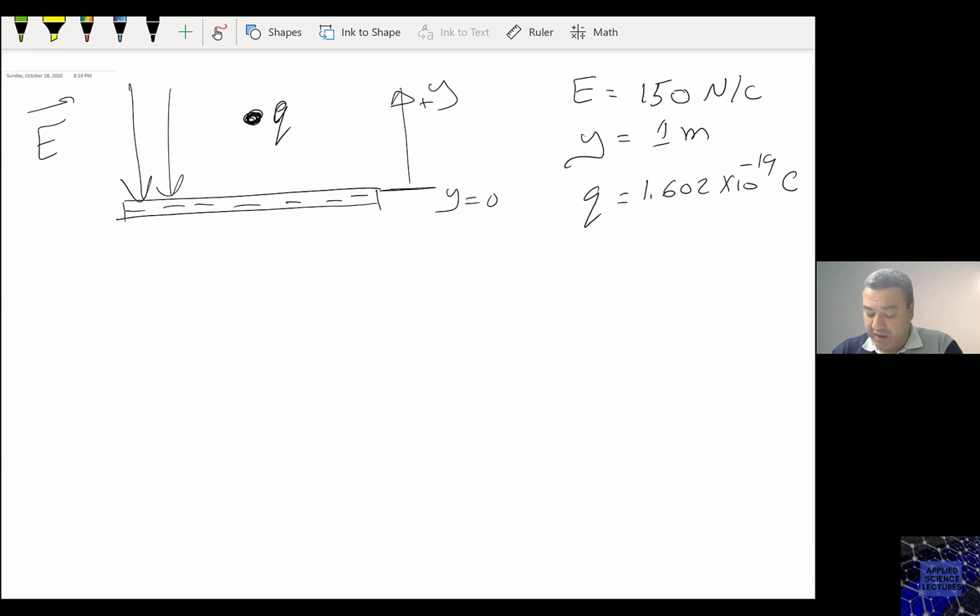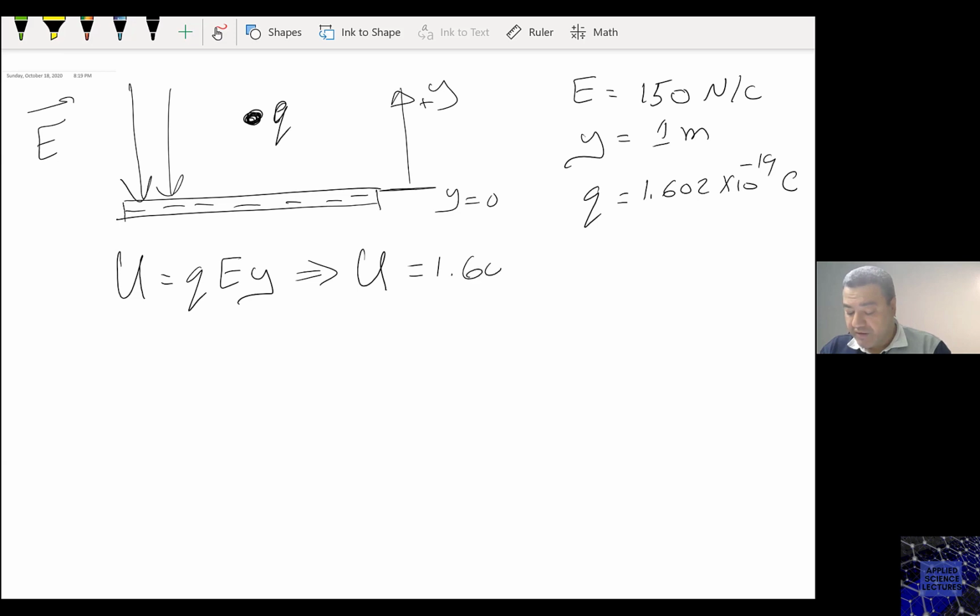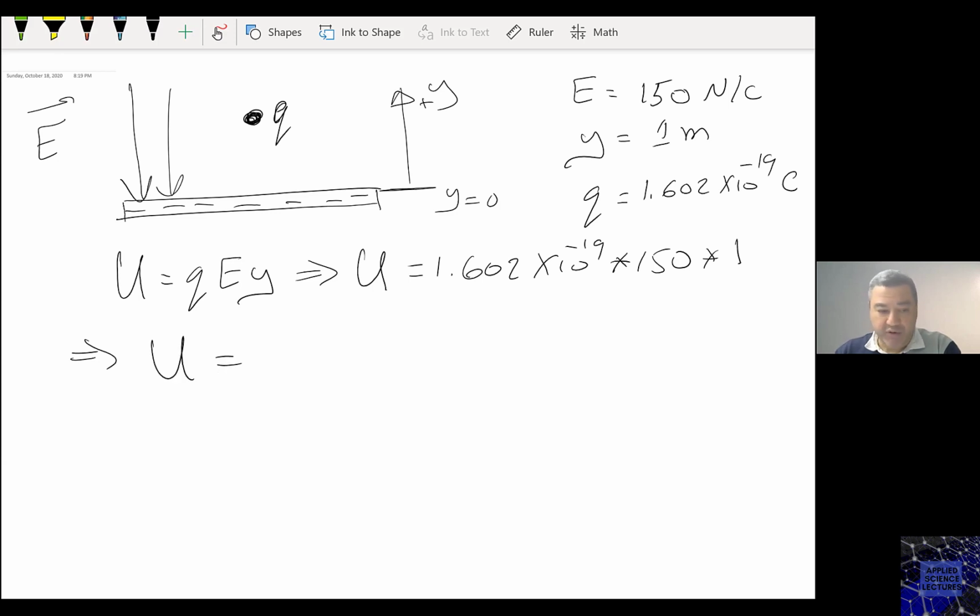So in this case, I have U equals QEY, and U here is 1.602 times 10 to the power minus 19 times 150 times 1 meter, and the electric potential energy becomes 2.4 times 10 to the power minus 17 joules.